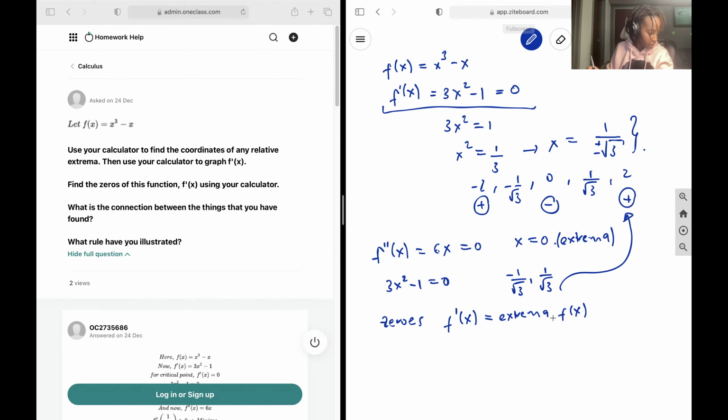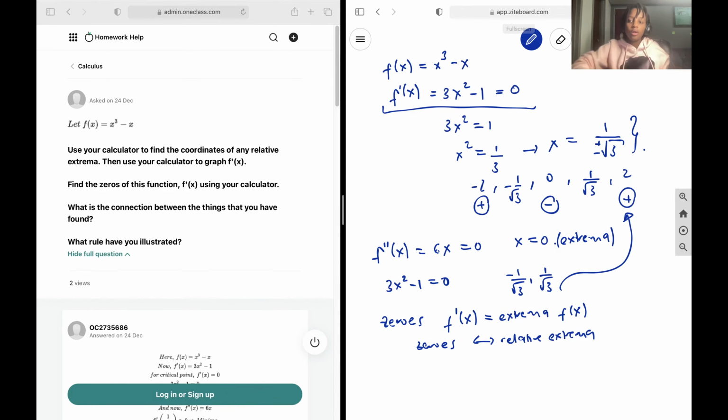And this is demonstrating the relation between zeros and relative extrema, but in functions that are derivatives of one another.